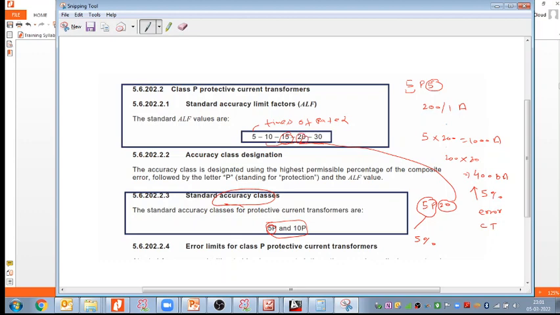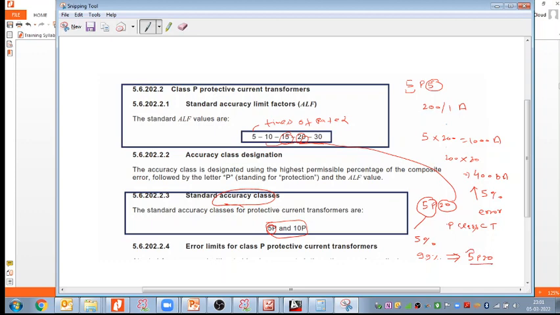What I have seen in industry, in 99% of cases, the selected ALF is 20. Based on this normal engineering practice, 20 is selected. So the P class CT is expressed as 5P20.